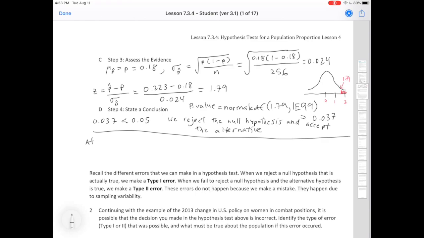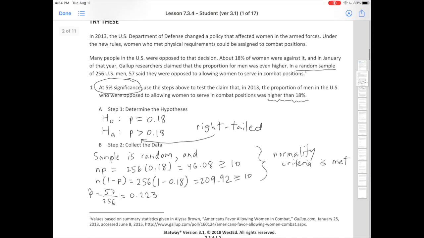So at a 5% significance level, the evidence supports the claim that, remember what we're showing here, the alternative hypothesis is that the proportion of men who were opposed to allowing women to serve in combat positions was higher than 0.18, right?